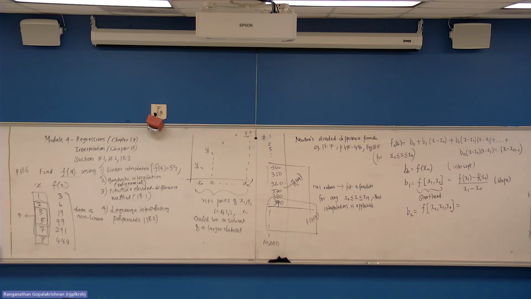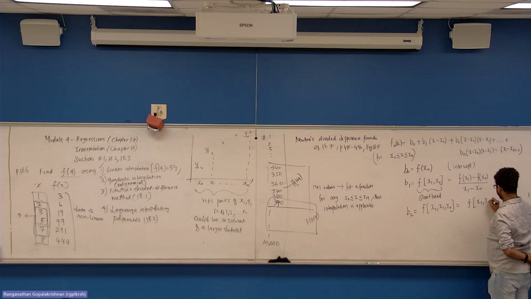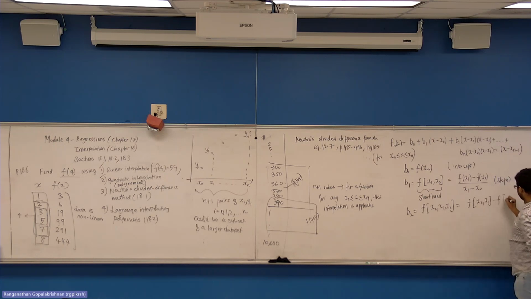Okay, so this is going to be f of x2 x1 minus f of x1 x naught divided by the extremities x2 minus x naught.